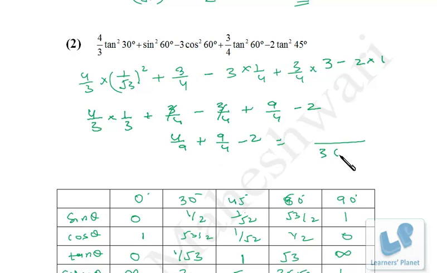So it's 36, 9 fours are 16, this, and 81 minus 72, right? So that's 25 by 36, right? You just have to put up the value of all these trigonometric functions, okay? And you can very well make this table in your exams, so no need to memorize all the values, okay?